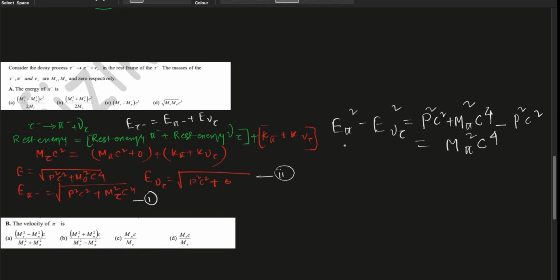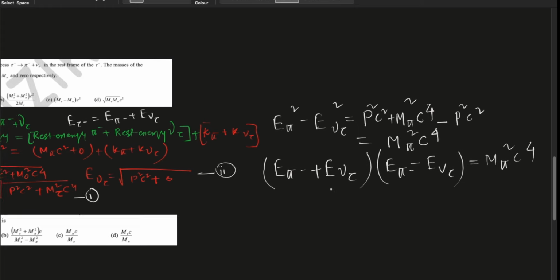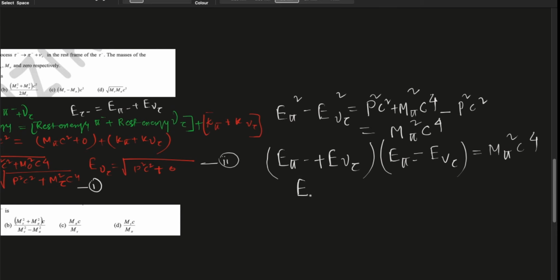So I can write this equation in terms of E pi minus plus E neutrino and E pi minus minus E neutrino equal to m pi square c to the power 4. Now from this equation I can find the value of E pi minus E neutrino by m pi square c to the power 4 divided by E pi plus E neutrino.